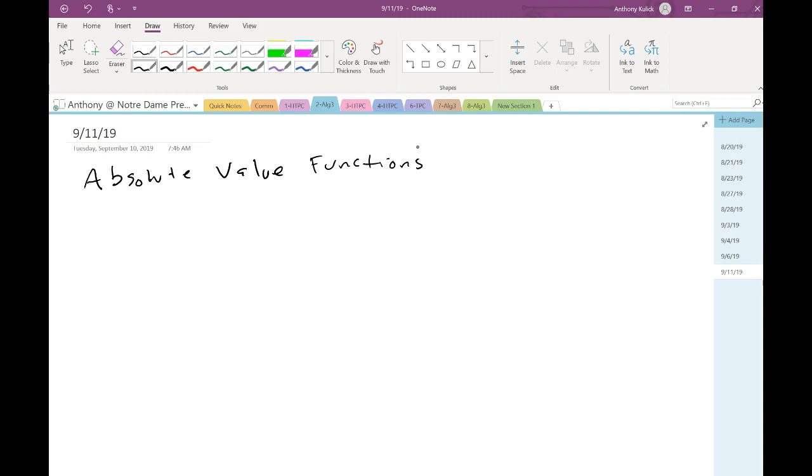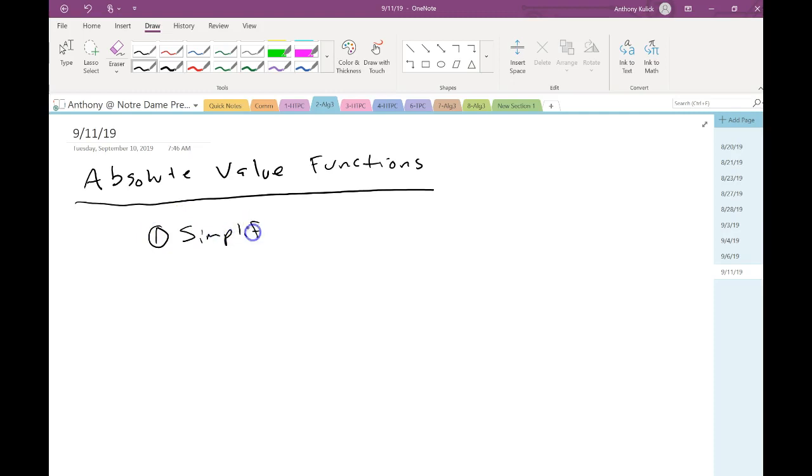So throughout the year, we're going to be focused on this idea of functions. That's what the introduction was. Our first chapter that we just got done taking our test on was all about functions and properties of functions. Now we're going to talk about specific function groups. This first function group we're going to talk about is the absolute value functions.